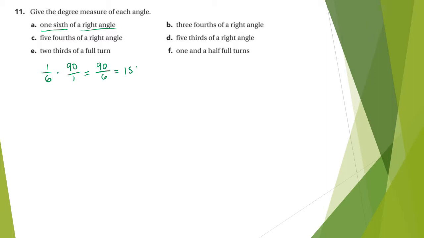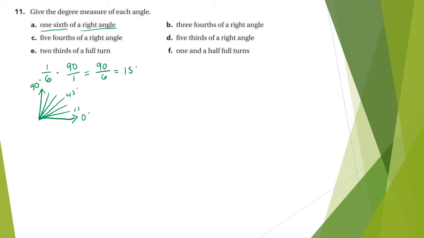However, maybe I'm not sure if that's really a reasonable answer. So I might make a sketch going from 0 to 90 degrees and drawing in the sixths. For example, this would be half. I'm going to divide what's remaining so that I can get 6 pieces. And again, I can think about how 45 would be halfway.